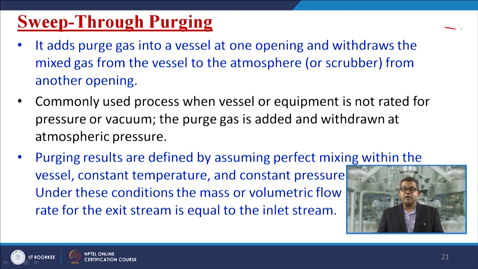When a vessel or equipment is not rated for pressure or vacuum, the purge gas is added and withdrawn at atmospheric pressure. Sometimes, because of inherent inability, you may not be able to have a vacuum system or a pressurized system within a vessel. Maybe because of a mechanical problem, maybe the vessel is not designed to withstand such a high or low pressure, then this particular technique is extremely useful.